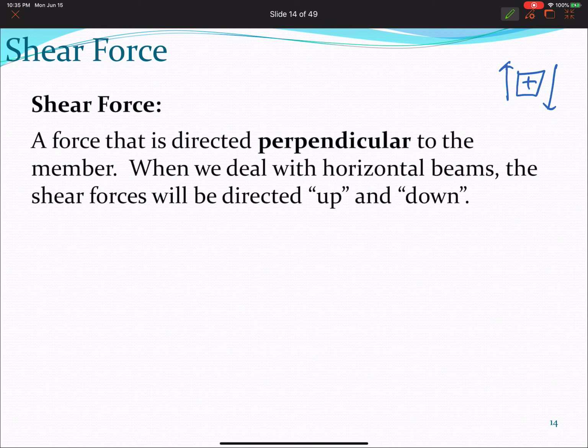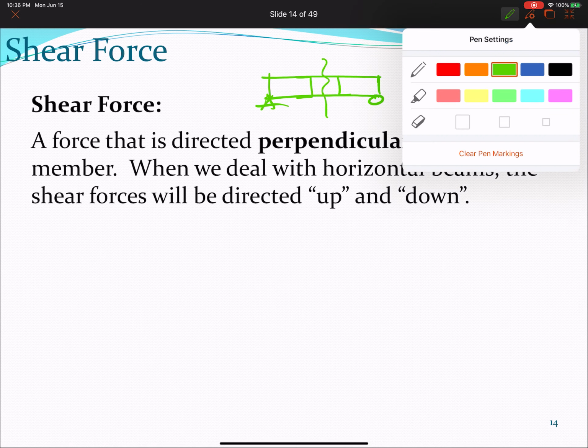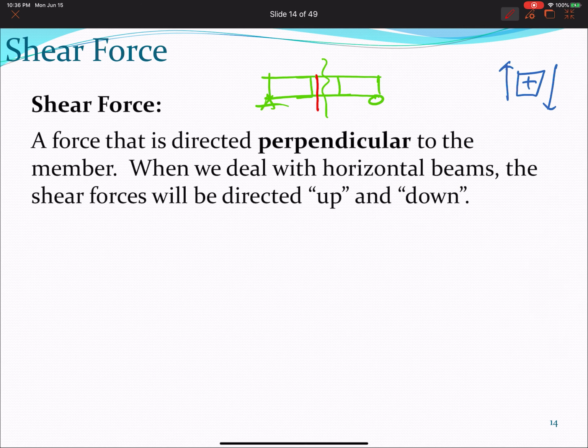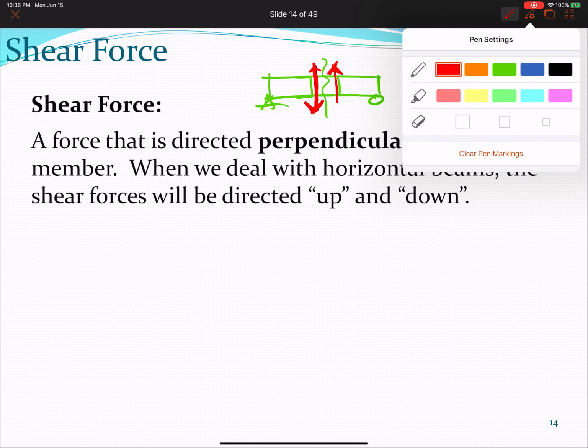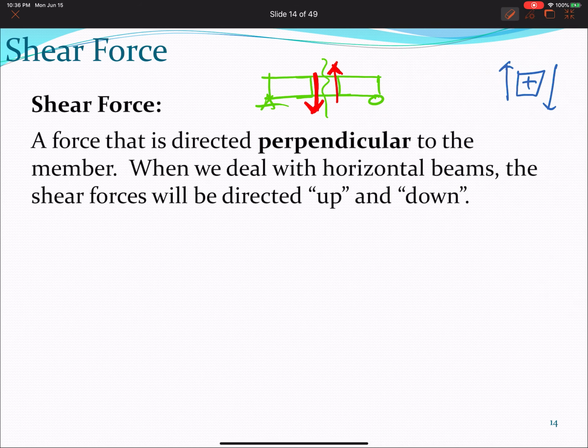When we deal with horizontal beams, such as this one, when we slice them and we expose the halves, you see them going up. Sorry, the convention is this. This goes down and this goes up. That's a positive sense of the shear forces, right? Let me see if I can erase this so it can be clear. Yeah, one goes up and one goes down.